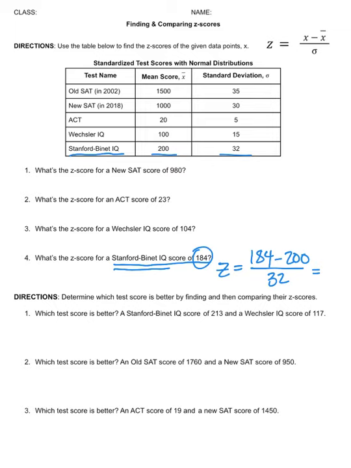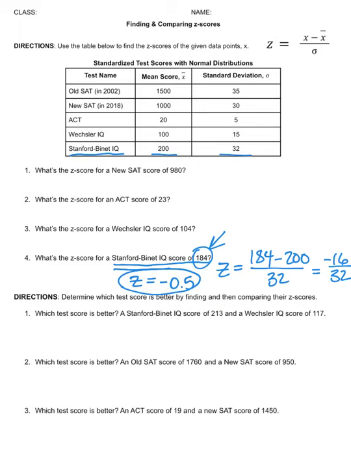That gives you negative 16. And then divide by 32. So that gives us a z-score of negative 0.5. So that means this particular score is half a standard deviation below the mean or average score.